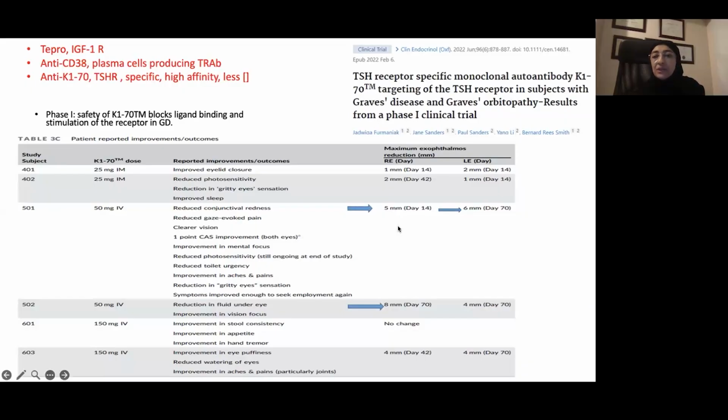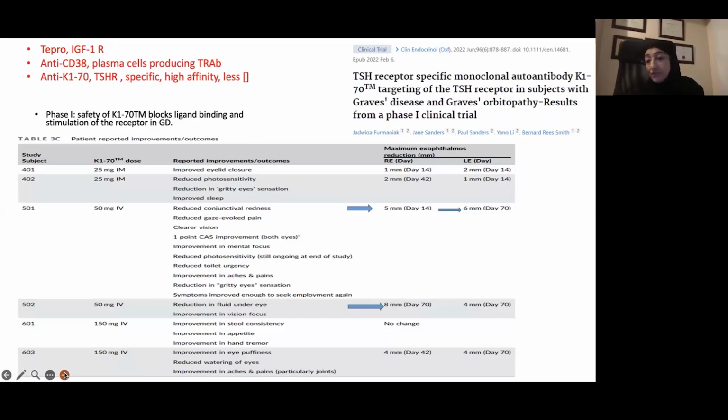Look at the great outcomes here. Robust outcome. One of the candidates has demonstrated improvement in exophthalmos, a reduction by 8 millimeters. Another candidate, a reduction by 6 millimeters. You can't attain this by surgery.